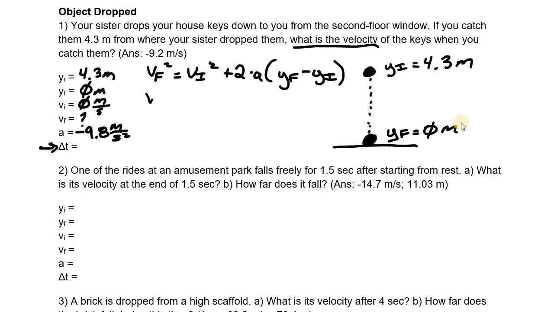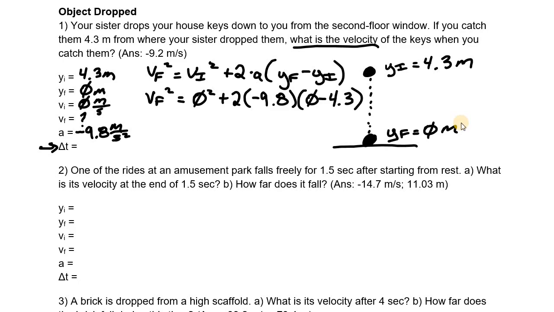Okay, so now let's plug in our information. We have Vf squared is equal to Vi squared, which is 0 squared. 0 times 0 is equal to 0, so that's not going to have any sort of impact. Then 2 times our negative 9.8, times our final height, which is 0, minus our initial height, which is 4.3.